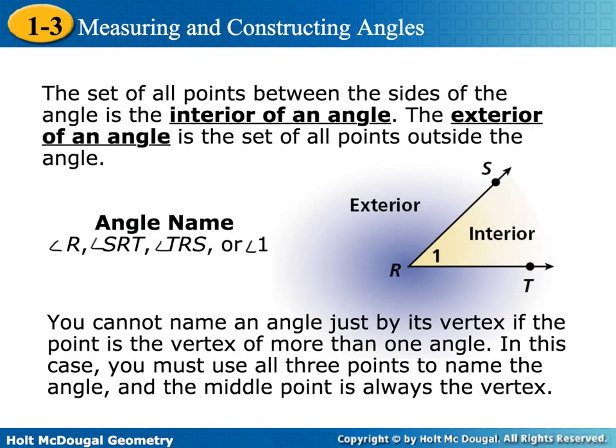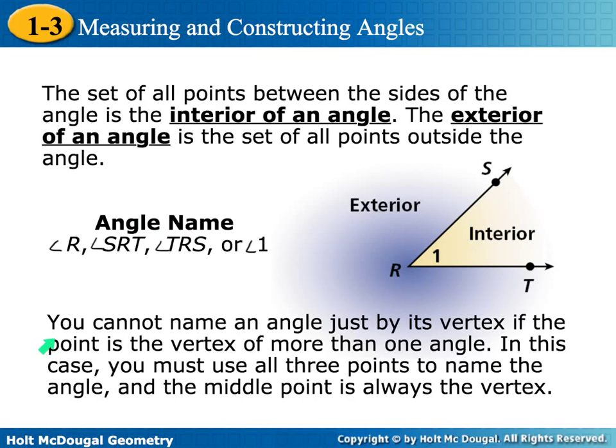So you have to name SRT and TRS. The safest way to get this correct is just use the angle vertex. When there's only one angle, you can use the vertex. Or this is numbered angle 1 for us. So you can call it angle 1 or angle R or SRT or TRS.